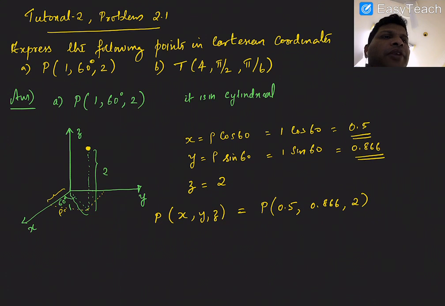Now the second part of the question is to express the point T, which is in some coordinate system, in Cartesian coordinates. So I will use the next page. So for part B, T is given as (4, pi by 2, pi by 6).